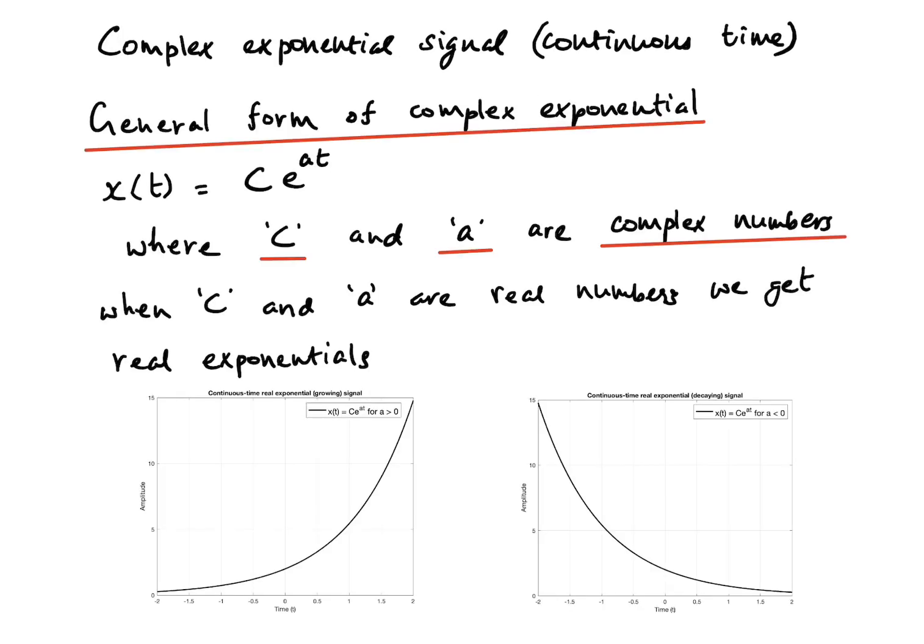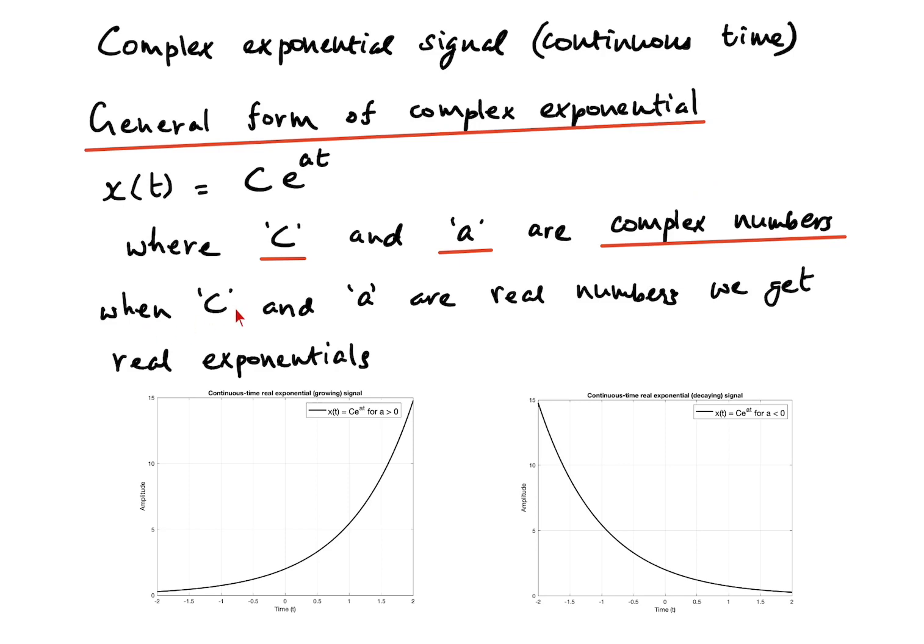That is what we call the complex exponential signal, and first we will discuss the continuous time version, and later we will see the discrete version as well. The general form, as we've seen earlier, is c e power a t. Because we are dealing with complex exponentials, these parameters c and a are going to be complex numbers.